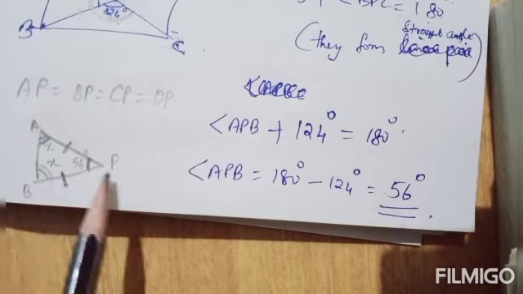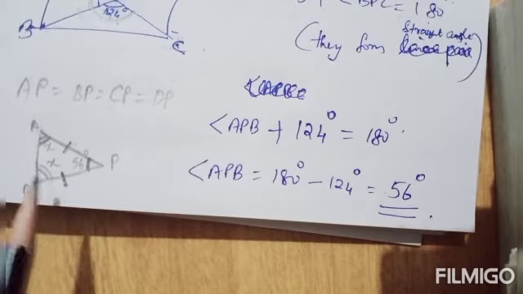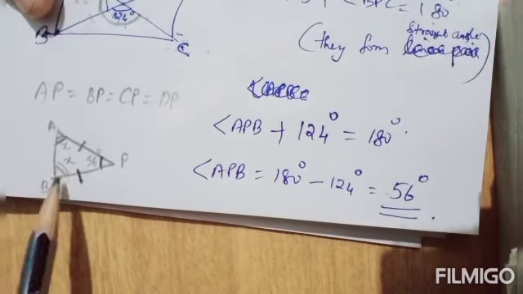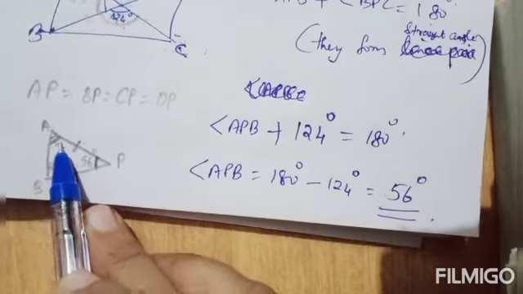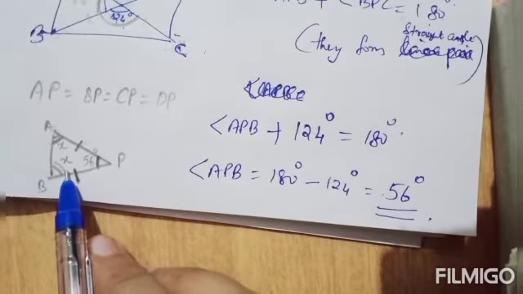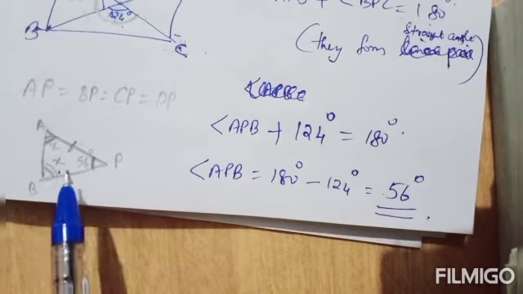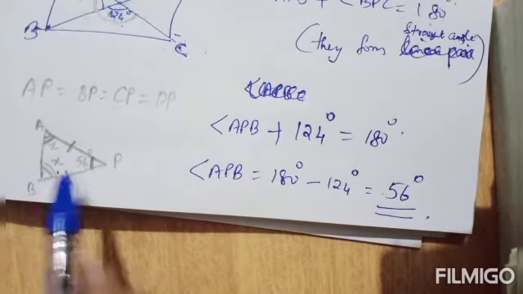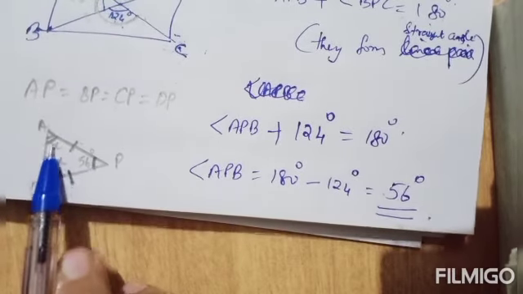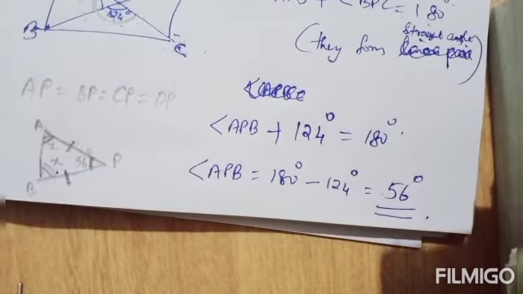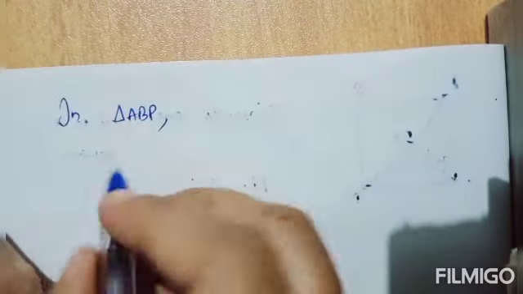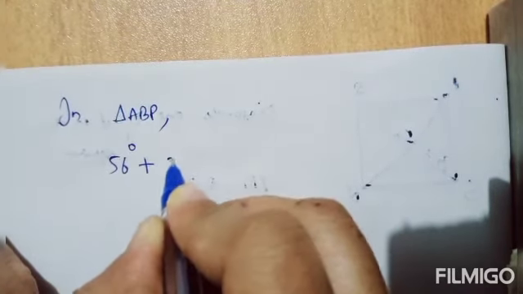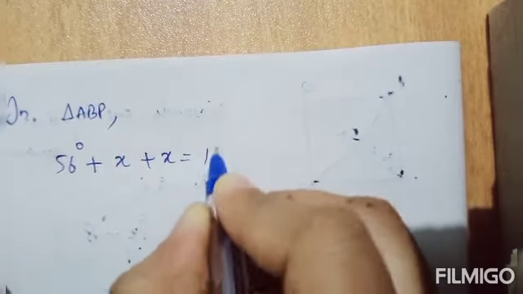Now you can apply the angle sum property here. Angle sum property of a triangle: the sum of three angles will be 180 degree. So applying the angle sum property in triangle ABP, we will get 56 degree plus x plus x equal to 180 degree.